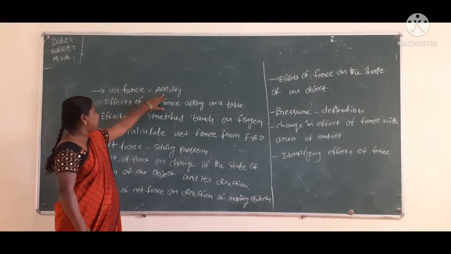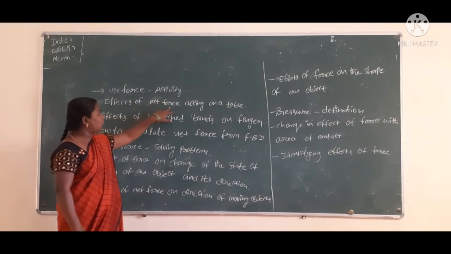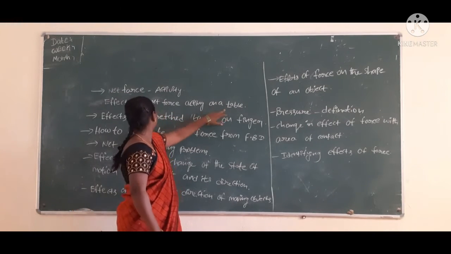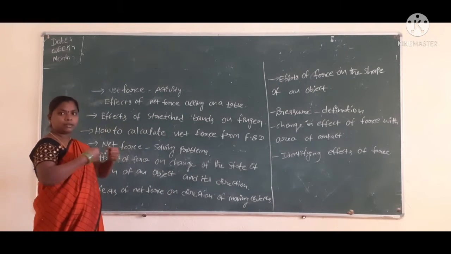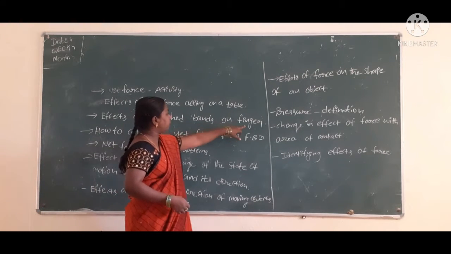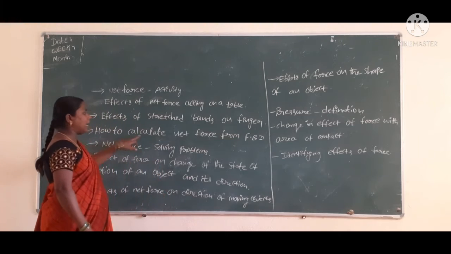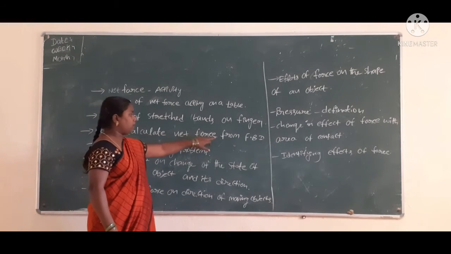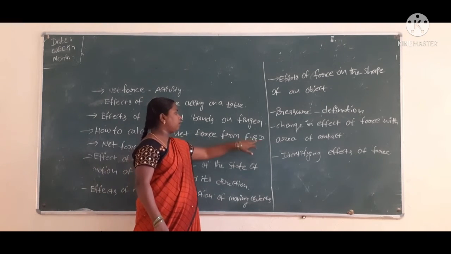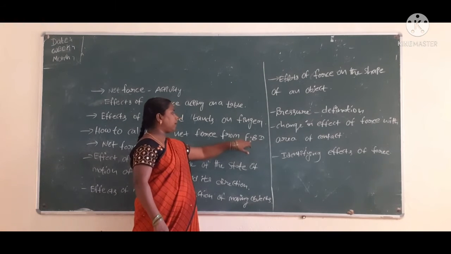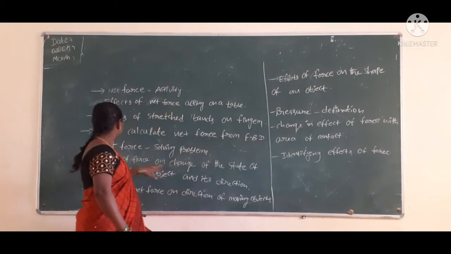Net force activity, effects of net force acting on a table, effects of a stretched rubber band on the finger, how to calculate net force from FBD. FBD means free body diagram.